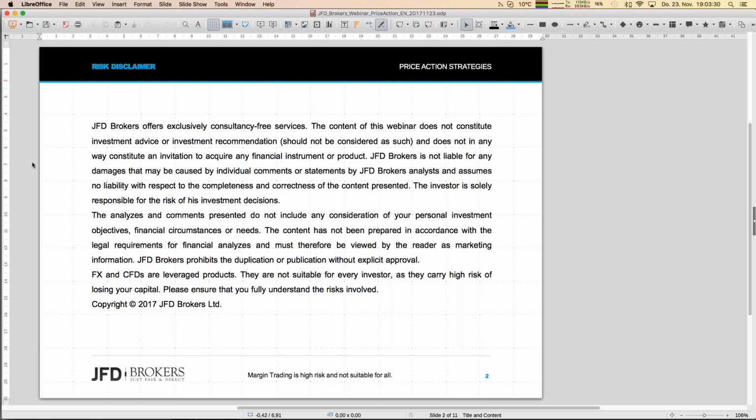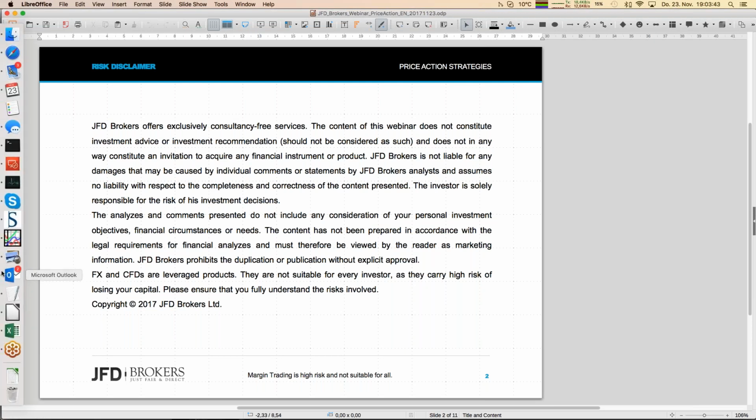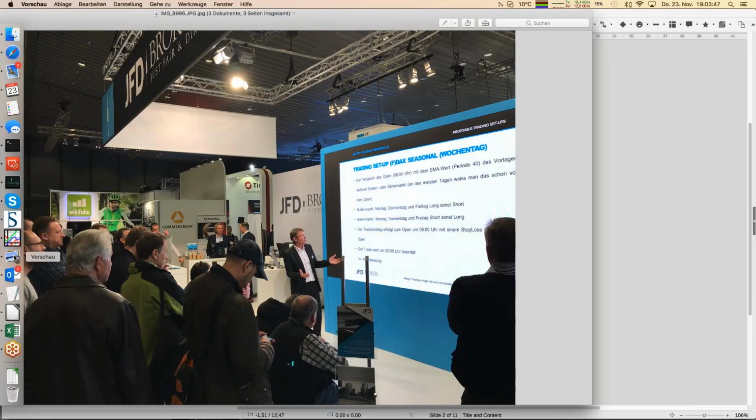Last weekend we had the WOT, that's a trade fair, World of Trading in Frankfurt, and it was really a great event. I just want to share with you three pictures from that World of Trading.